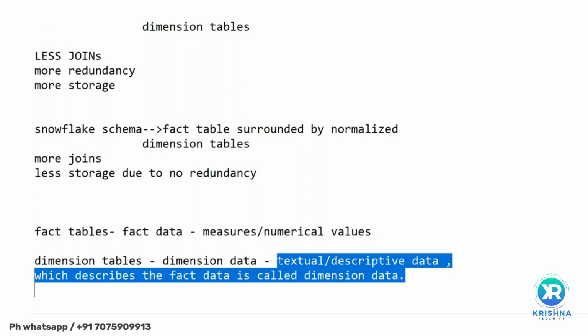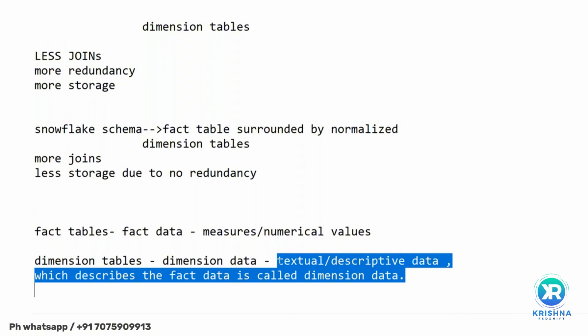Sum, count, min, max, average. These five are called aggregate functions. Generally these are applied on sales, quantity or revenue, so all these values come under fact data.